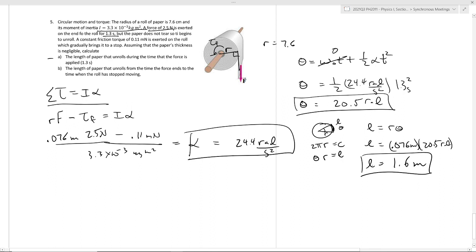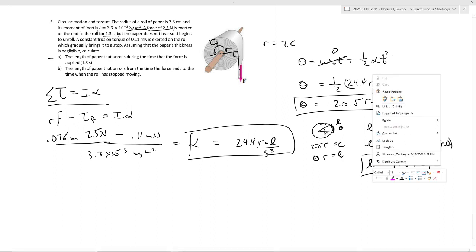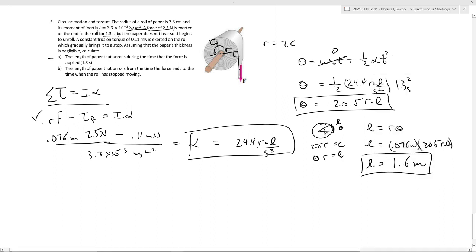So it's a fairly simple question, but we do have to sum the torques to find the angular acceleration, and then use that to find how much it unrolls in angle and how much that would correspond to in length. So that's part A. Part B asks us how much it unrolls after it's spun up.